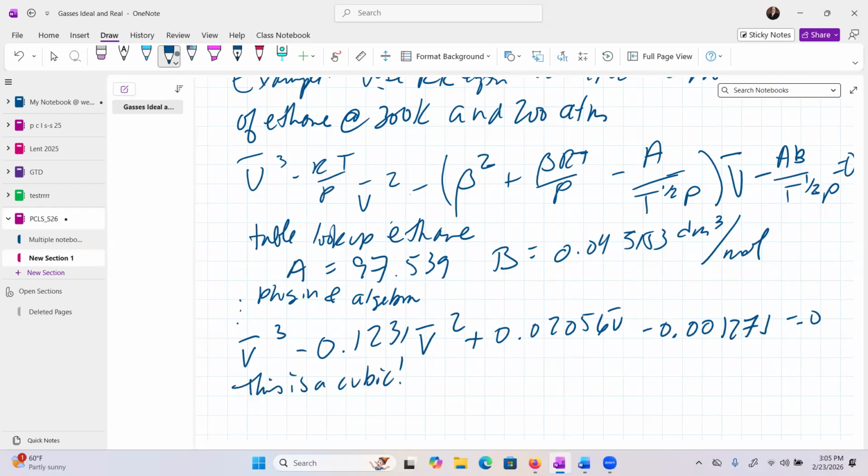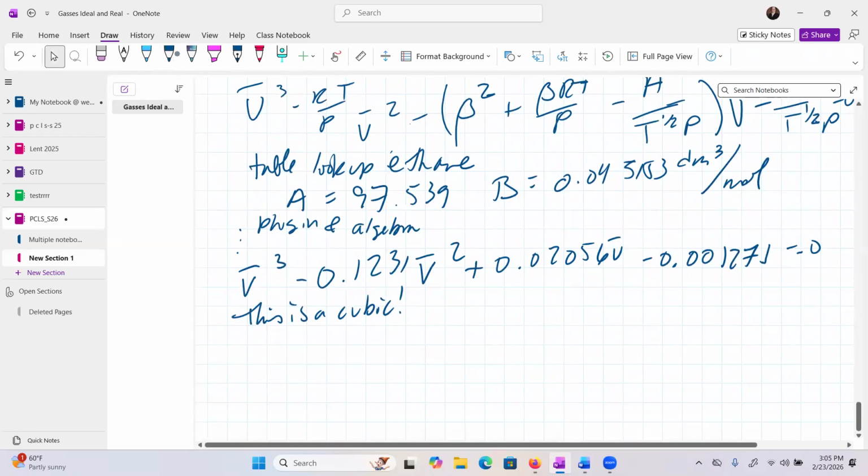Did you solve these in algebra class? How do you solve these? Well, there are methods for solving cubics, and it generally involves trying to do factoring and all these things, which is a bit complicated. I'm sure you could learn this, but we have graphing calculators these days.